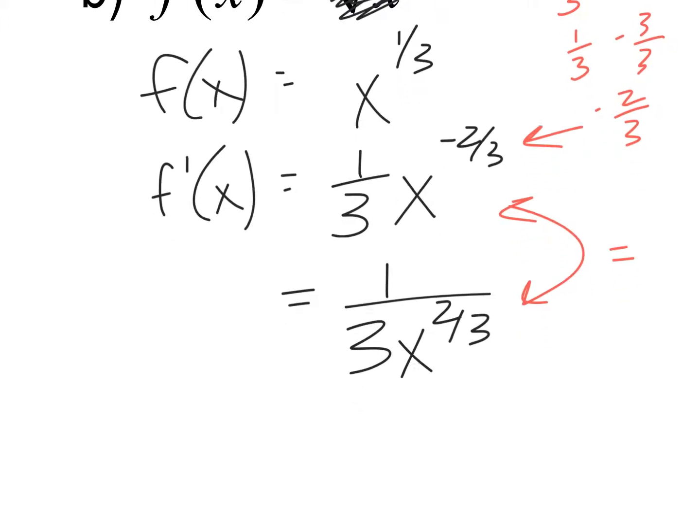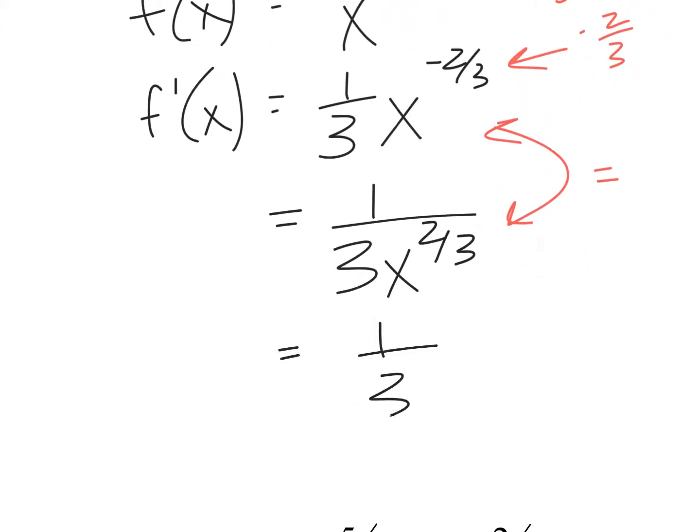A third way of writing it is 1/3 with the x back in a radical, a cube root. That's all the same thing. So keep in mind, on multiple choice tests, you might have to choose whichever is the right answer. Technically, a negative exponent is not considered simplified, so let's drop it down into the bottom. But if you want to leave your answer like this, it's fine. It means the same exact thing as a radical.